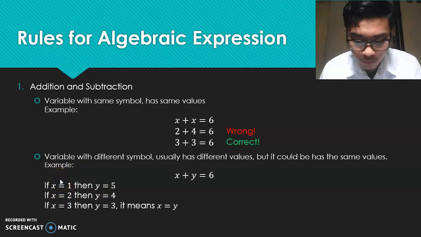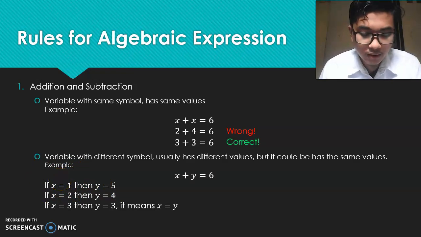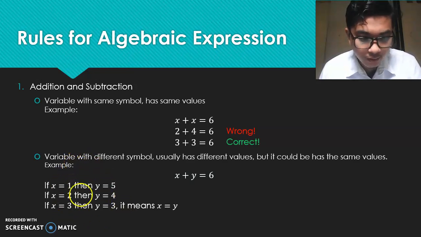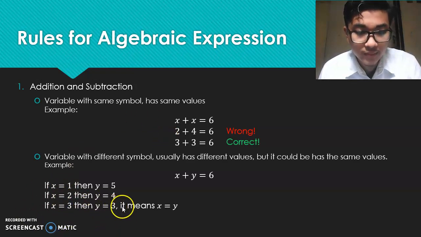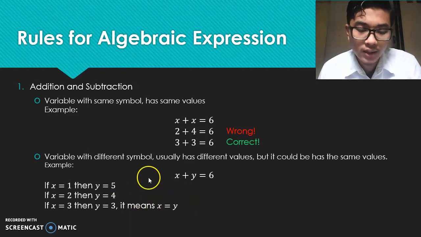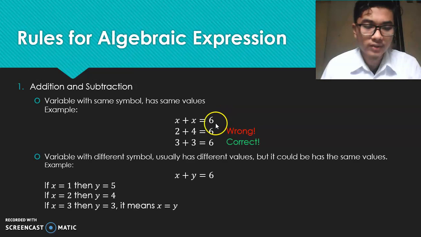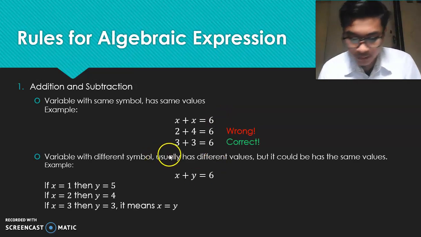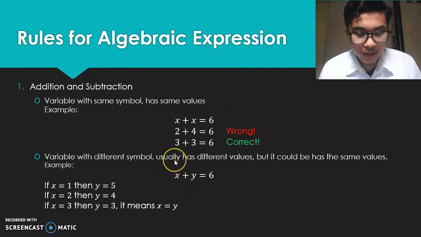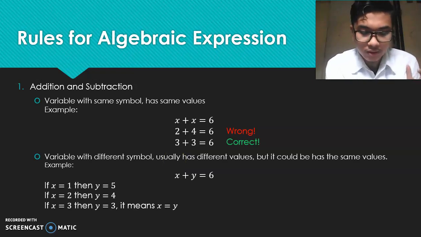It depends on the variable you use or the value inside. And if x equals 3, then y equals 3, which means x equals y. So different symbols could have the same value, but usually they have different values. Hope that you can understand that.